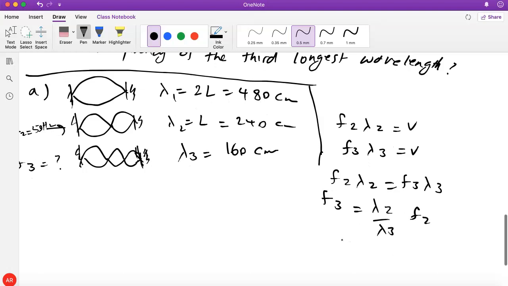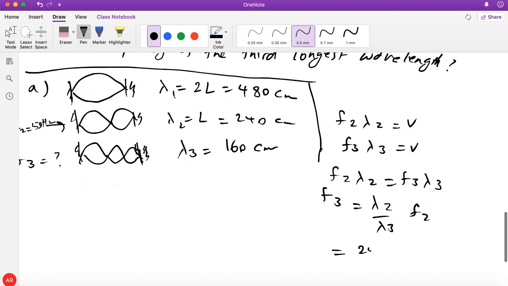So lambda 2 over lambda 3 is 240 divided by 160, so that's 24 over 16, which is 1.5. So of course this is times f2, so this is 3 halves f2. f2 was 50 hertz, so that should be 75 hertz. All right, it has a shorter wavelength and then higher frequency. Okay.